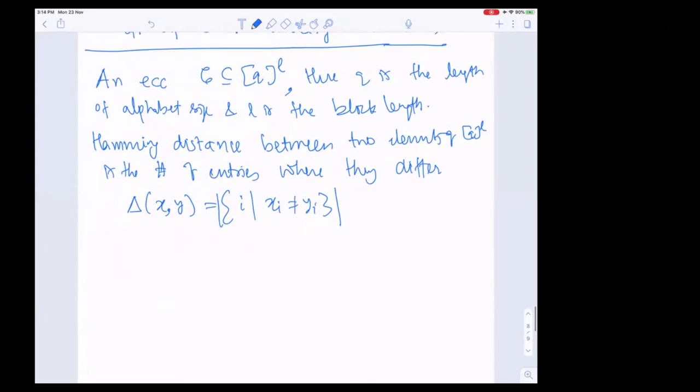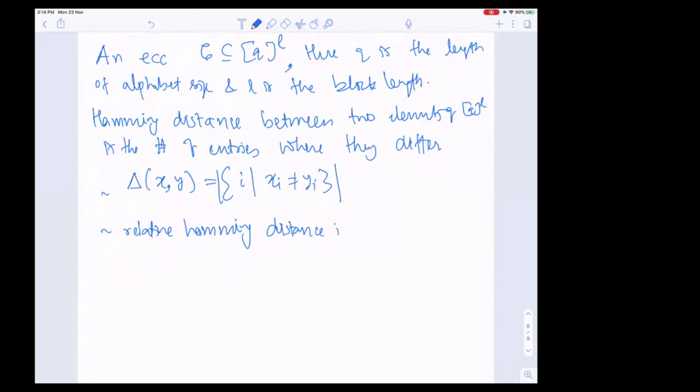Okay, and there's also a notion of relative Hamming distance, which is basically delta xy divided by L. Now there are two parameters which are very important for the code.